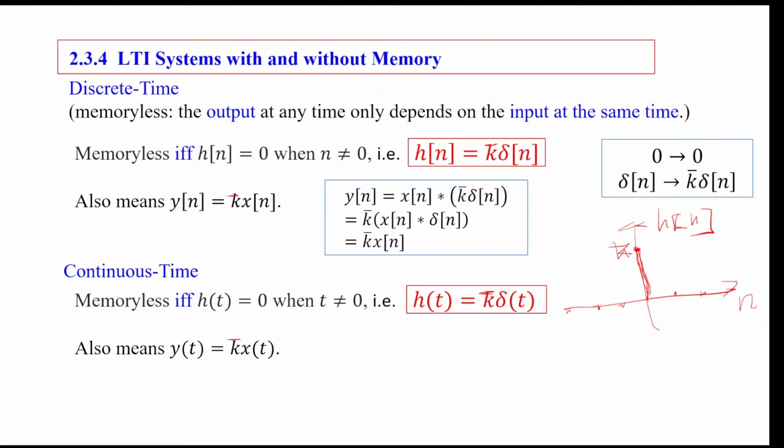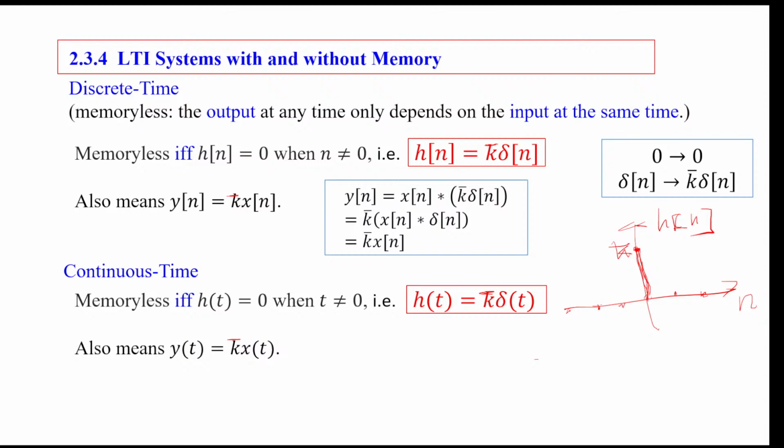And I think the derivation here should be pretty straightforward. You think about h[n] as the response to delta[n], and so you just basically compare the 0 function and the delta[n] function.